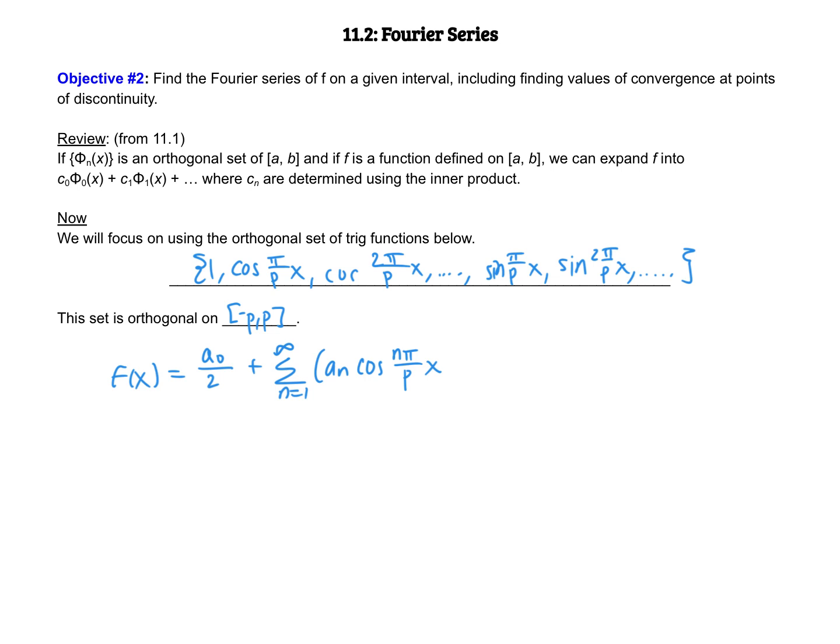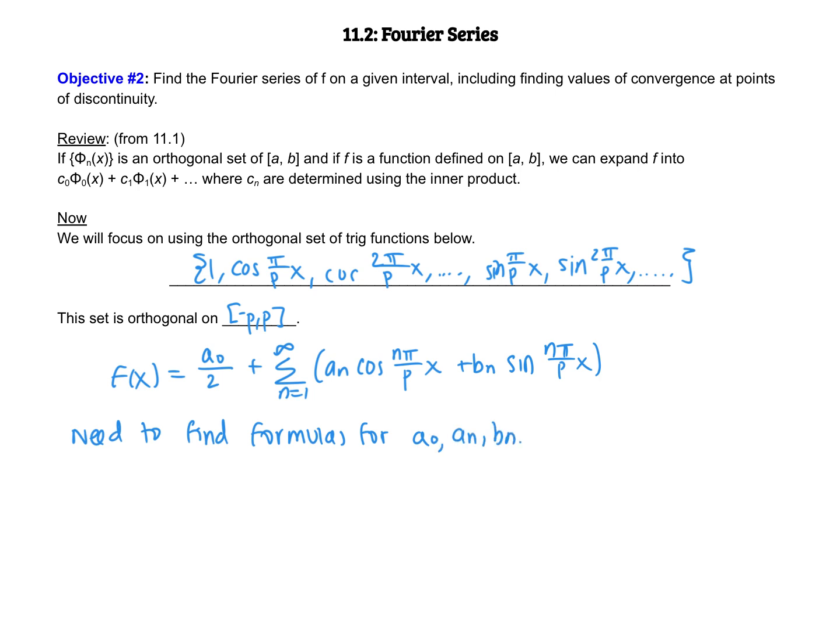And then we're also going to have to sum up those sines. We're going to use b of n for those constants. So what we need to do is find formulas for a0, an, and bn.